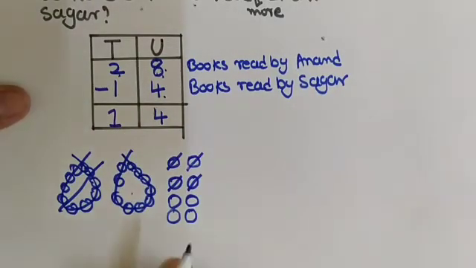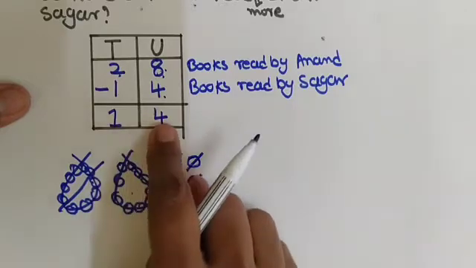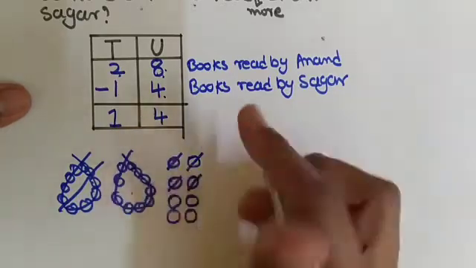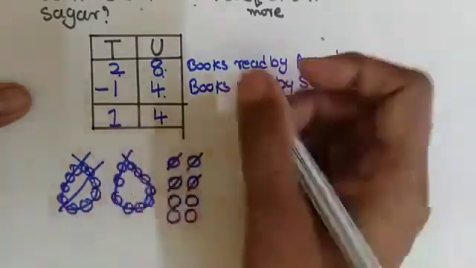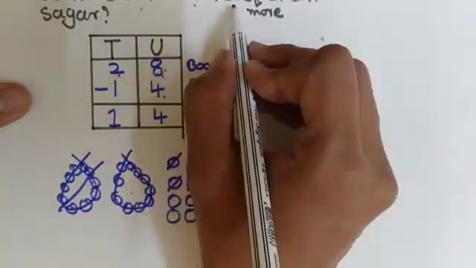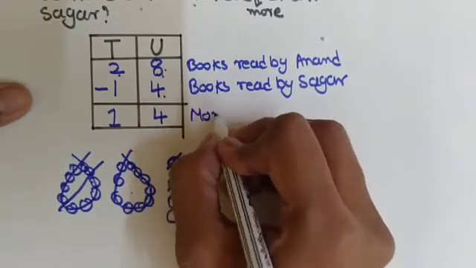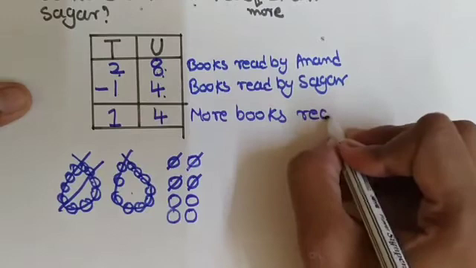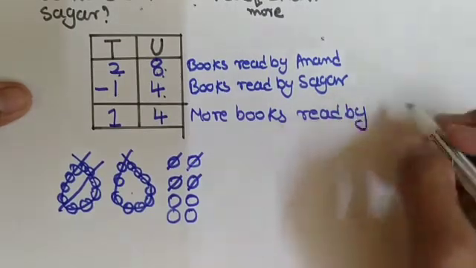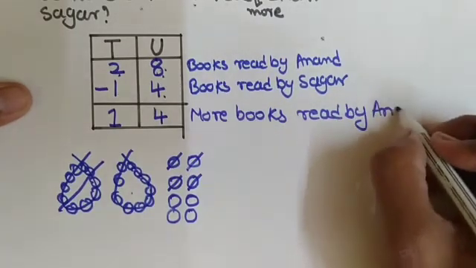So what is the answer, children? 1 ten, 4 units, that is 14. So yes, we will write here 14 more books read by Anand.